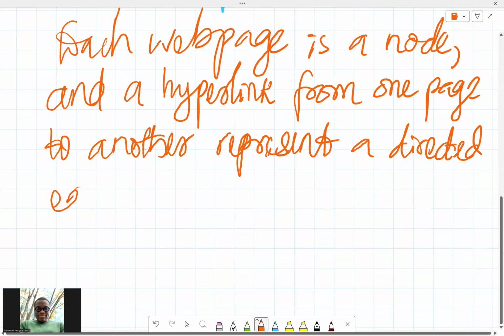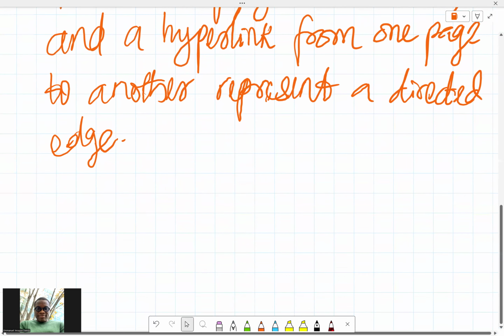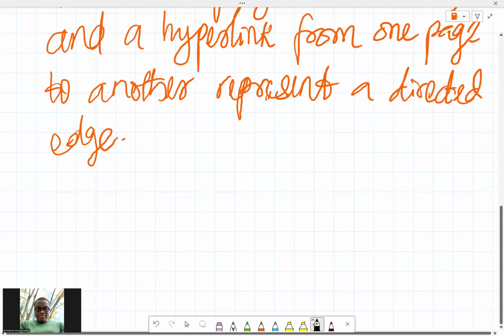Okay, this is the principle on which Google runs. So if you are searching for something, the websites that come up follow this kind of algorithm.